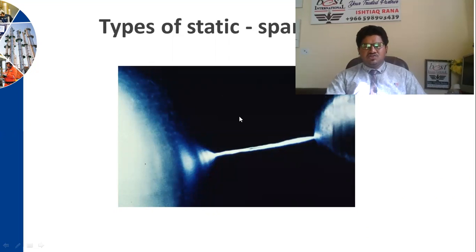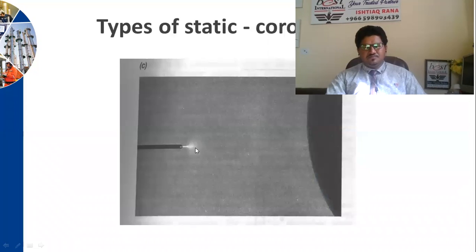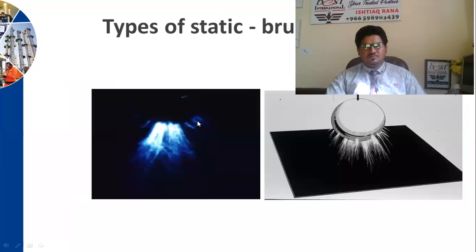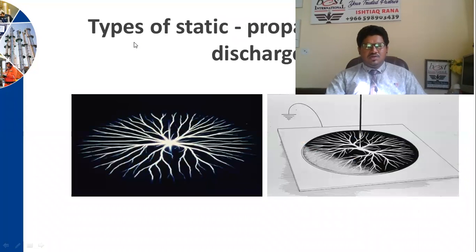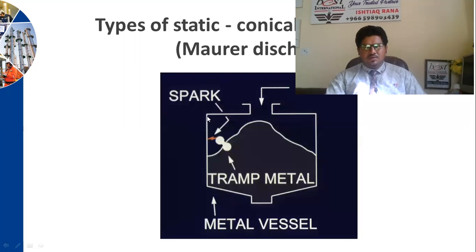Types of static spark discharges, look at the picture. Brush discharge as well, propagating brush discharge, and conical pile discharge.